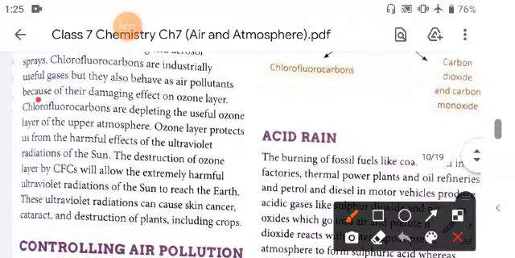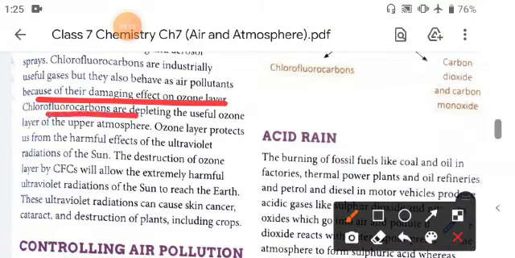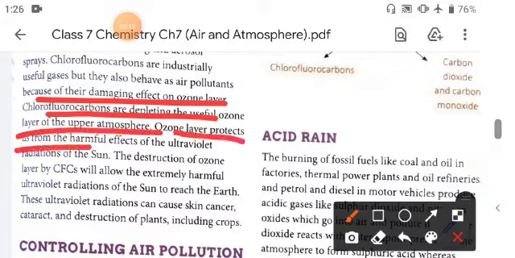on the ozone layer. Chlorofluorocarbons are depleting the useful ozone layer of the upper atmosphere. This ozone layer protects us from the harmful effects of the ultraviolet radiations.